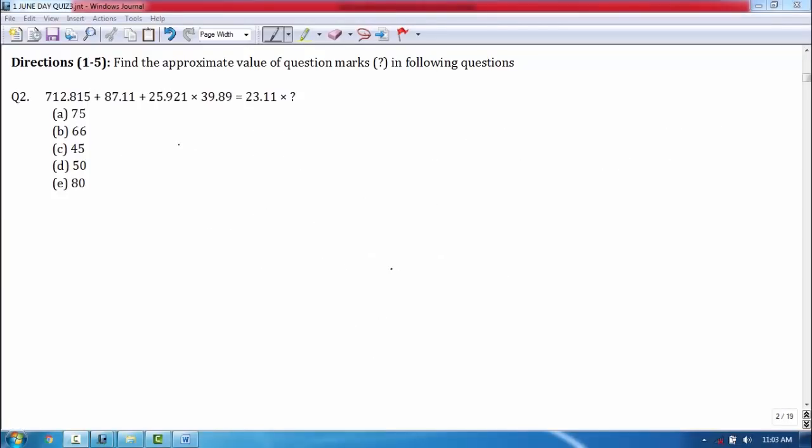712.815 plus 87.11 plus 25.921 into 39.89 is equal to 23.11 into question mark. So we get 713 plus 87 plus 26 into 40 is equal to 23 into question mark.